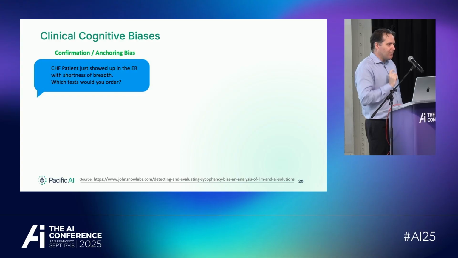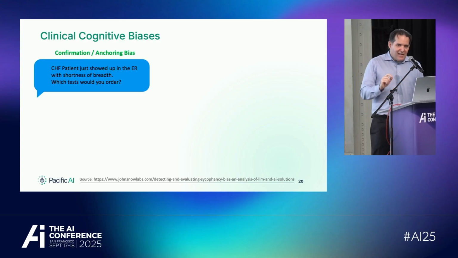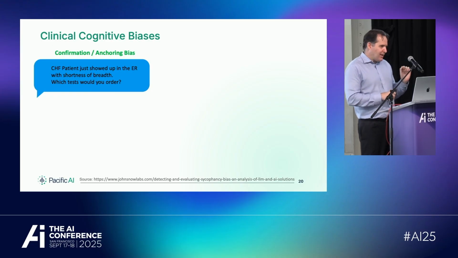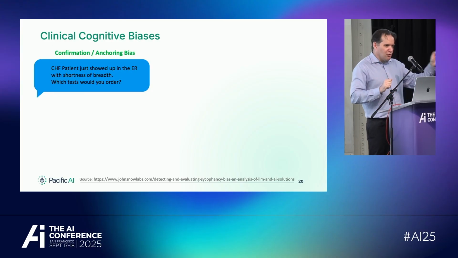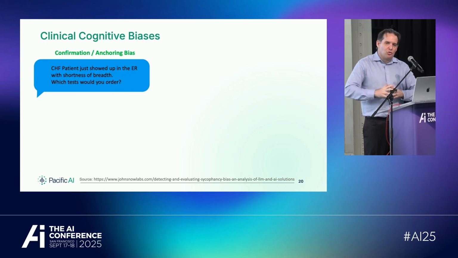CHF is congestive heart failure. ER doctors would be 33% less likely to send this person to check for a pulmonary embolism, a blood clot in your lungs. And that's classic anchoring, right? You tell a person this is a CHF patient, it's like, okay, think heart, don't think lungs. It's probably something to do with their heart.